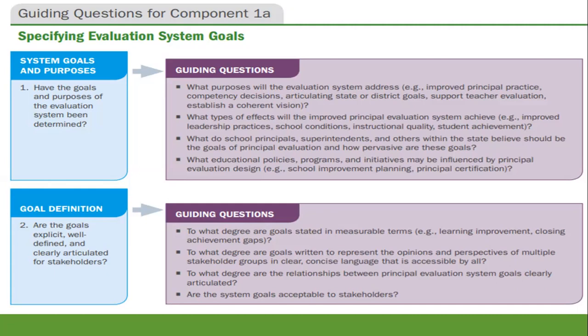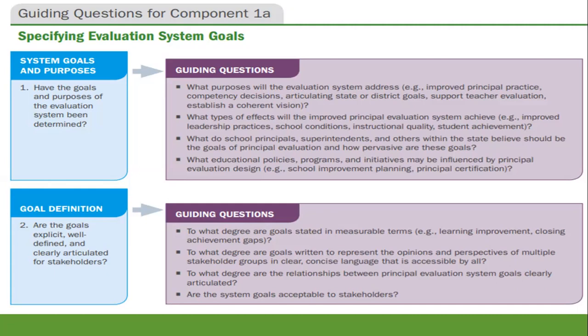To what degree are goals written to represent the opinions and perspectives of multiple stakeholder groups in clear, concise language that is accessible by all? To what degree are the relationships between principal evaluation system goals clearly articulated? Are these system goals acceptable to stakeholders?